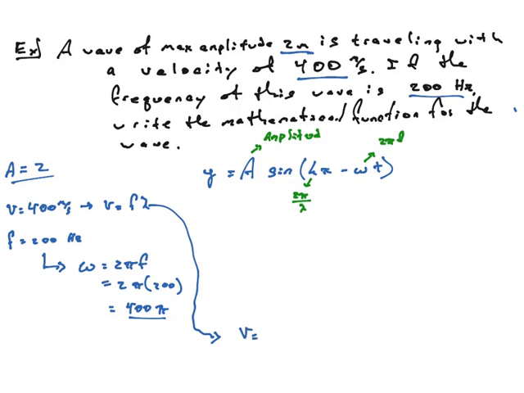So velocity equals frequency times wavelength, which means wavelength is velocity over frequency. The velocity is 400, frequency is 200, so I get a lambda of 2. Now that I know lambda is 2, I use the fact that k is 2 pi over lambda, which is 2 pi over 2, which is pi.